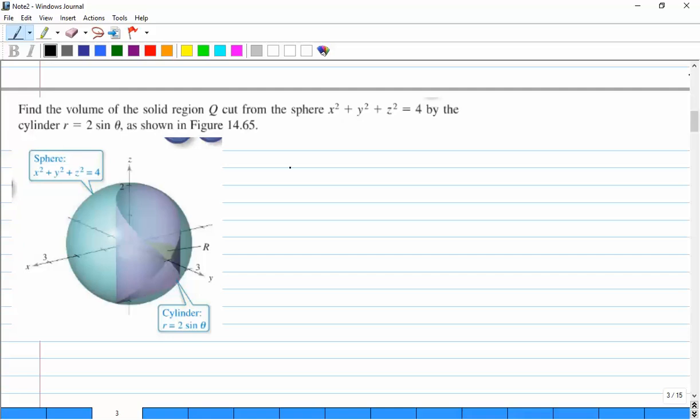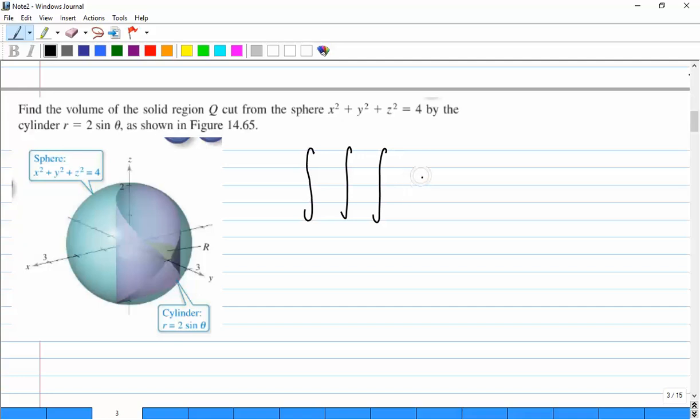All right. So we are going to set up a triple integral, and we are going to have to put boundaries on our z, on our r, and on our theta. So I have the triple integral. Now I don't have a function right here. You don't put a function right there.